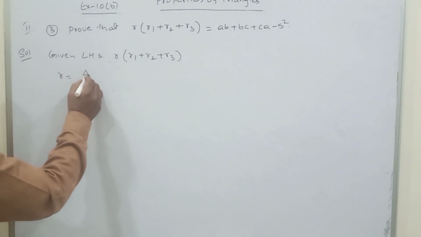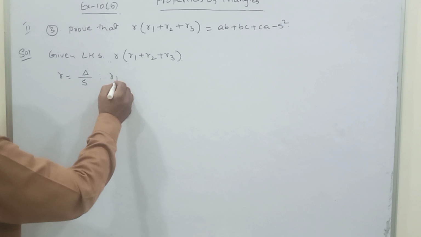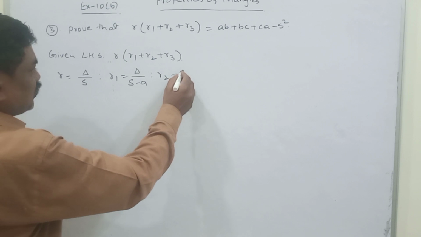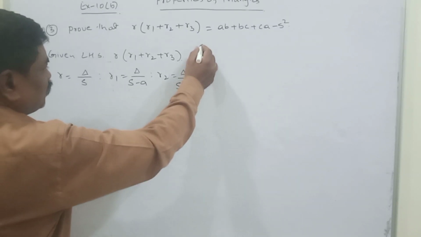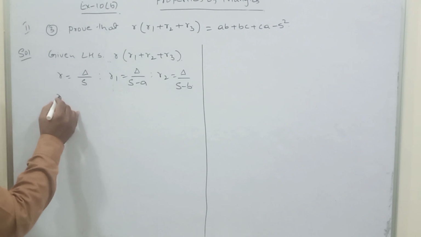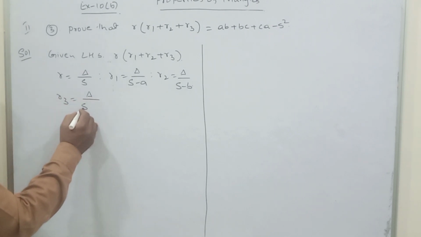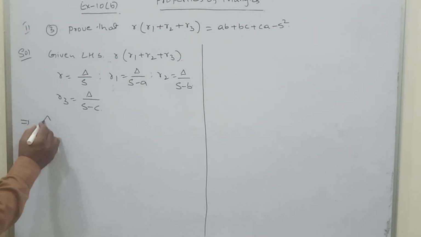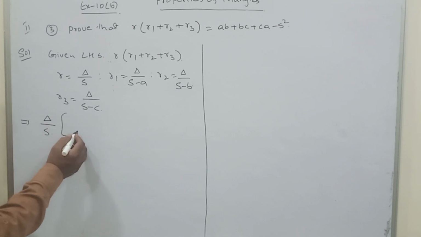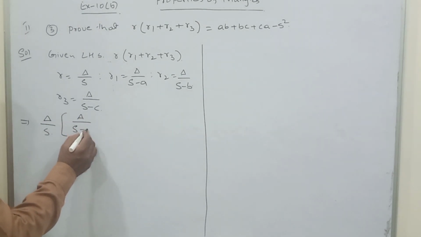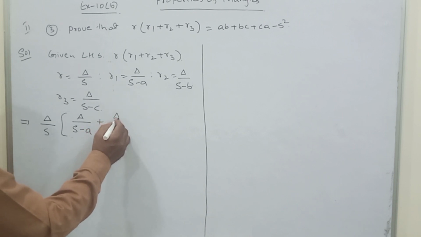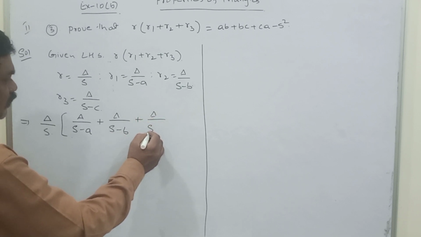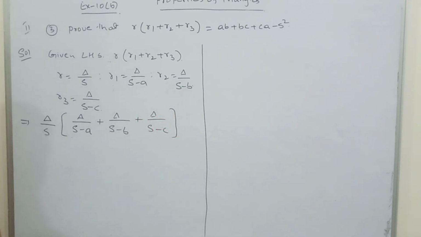R is equal to delta by s. R1 is equal to delta by (s − a). R2 is equal to delta by (s − b). And R3 is equal to delta by (s − c). We have to substitute in this. This is delta by s of [delta by (s − a) plus delta by (s − b) plus delta by (s − c)].